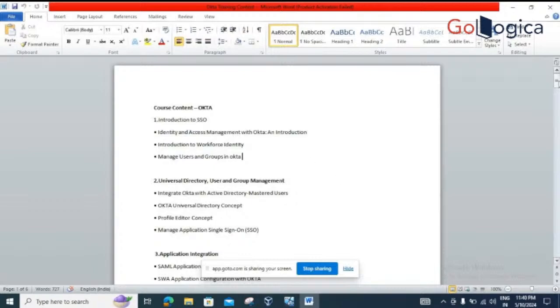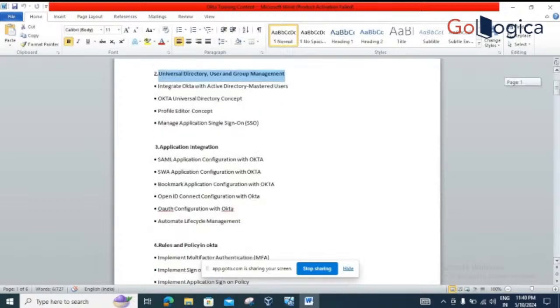According to me, first we need to understand Okta. Then we need to understand how we create our Active Directory and how we onboard or sync users from Active Directory to Okta. Then we understand the user profile and groups, then the Universal Directory, groups, and user management, as I told you also.